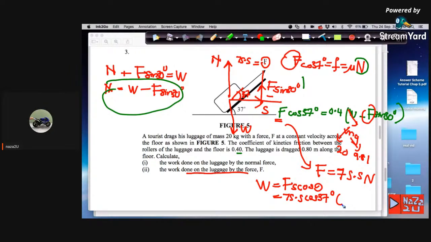And dia punya jaraknya sejauh 0.8. Jadi, kita guna kalkulator 75.5 times cos 37 times 0.8. So we have work done by the force is 48.24 joule. Right?